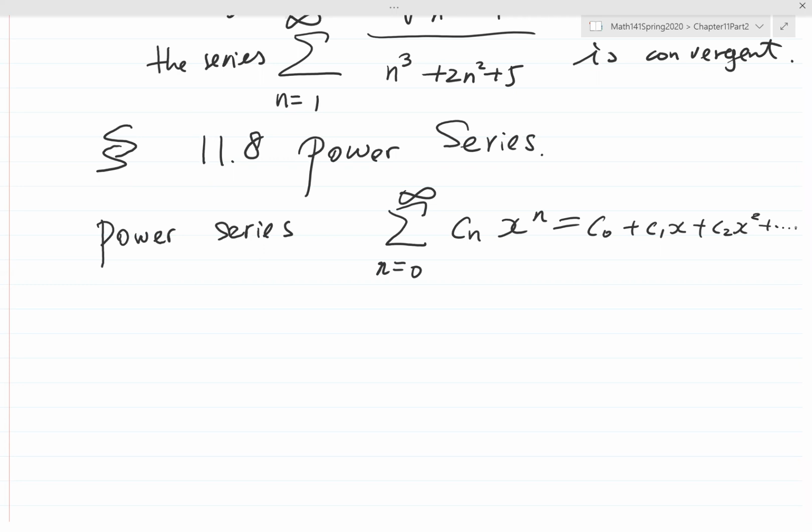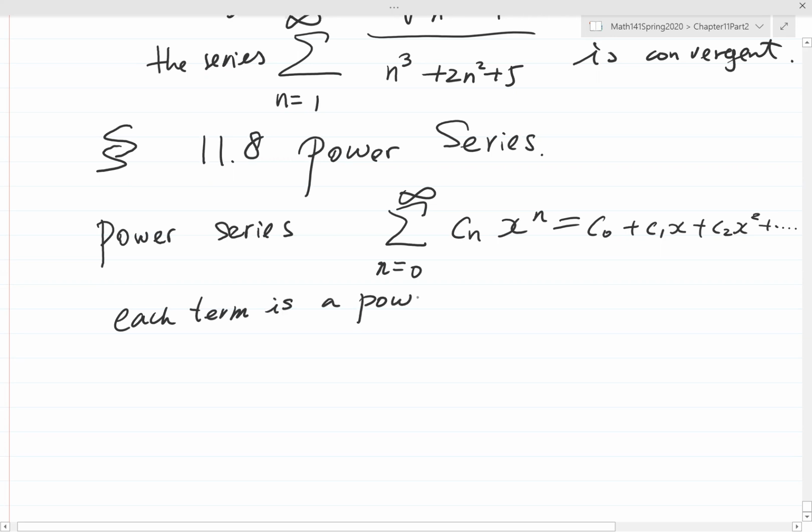Each term is a power function. If we stop at finitely many terms, we actually get a polynomial, so this generalizes a polynomial.